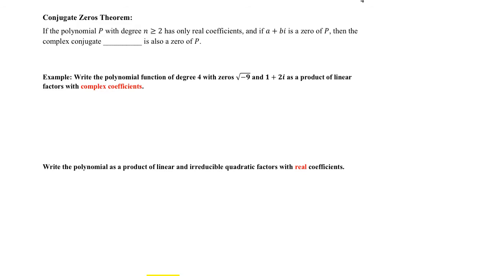The conjugate zeros theorem tells me that if a polynomial p with a degree greater than or equal to 2 has only real coefficients, then I know that if a + bi, that's a complex number, is a zero of p, then the complex conjugate, a - bi, is also a zero of p.